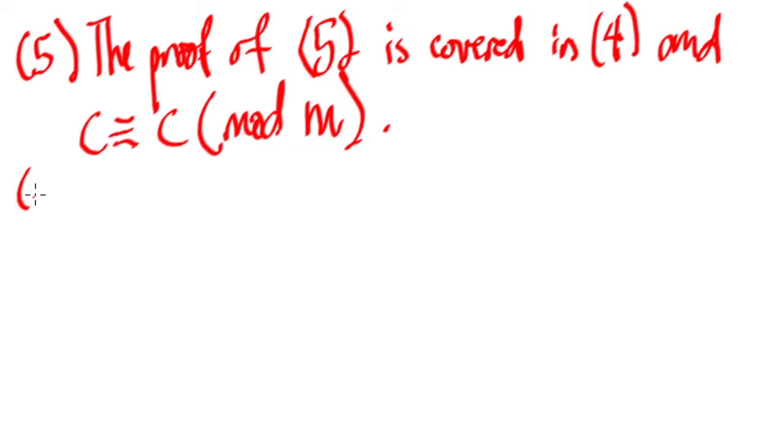For number 6, what is number 6? Number 6 tells us that if A is congruent to B mod M, then A raised to K is congruent to B raised to K mod M for some positive integer K. So we obtain property 6 for the proof by making an induction argument.